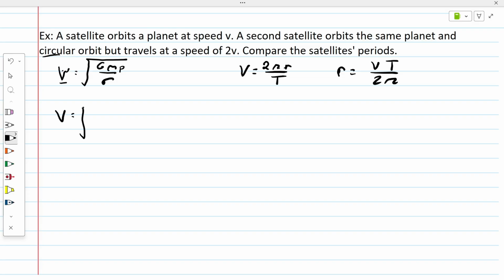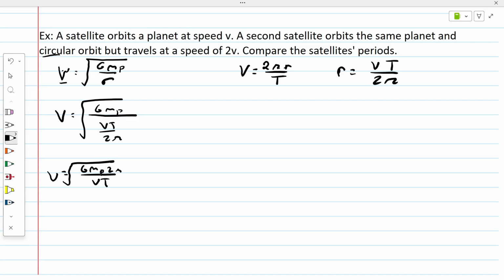So we have G M_p over this radius, which is vT over 2 pi. And so if we divide this fraction into this fraction and simplify it, we get that the velocity equals the square root of G mass of the planet times 2 pi over vT.